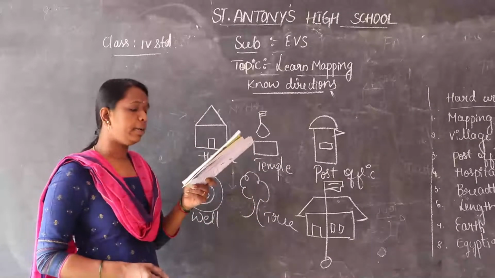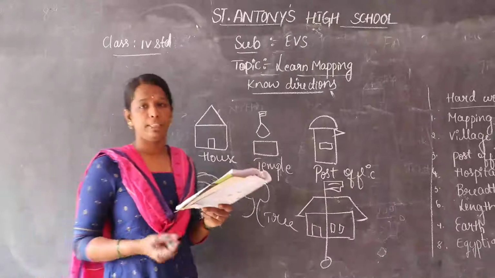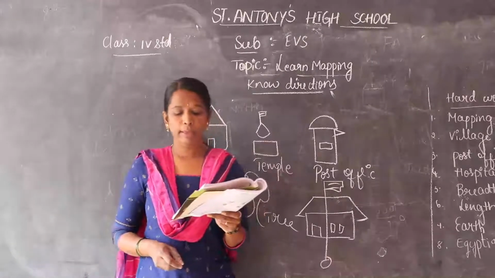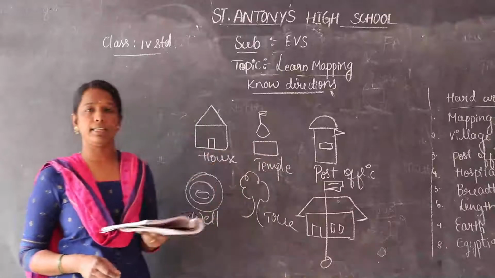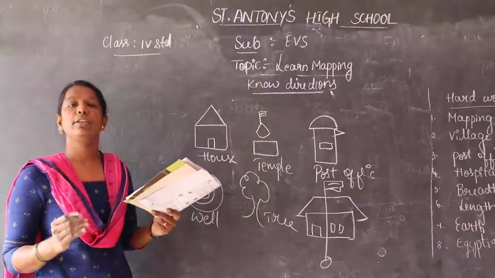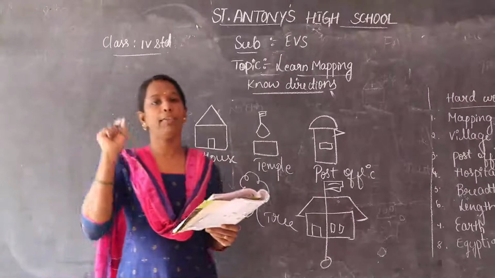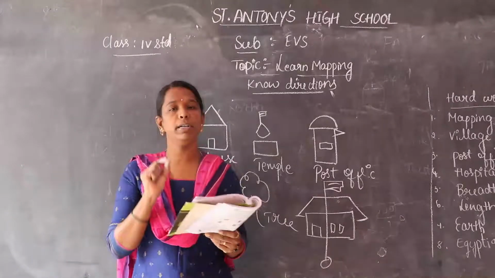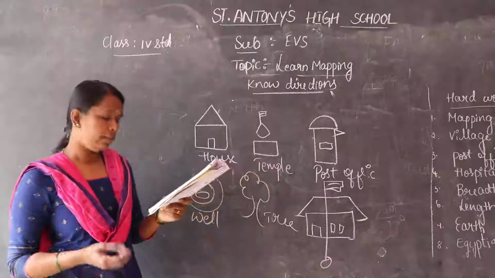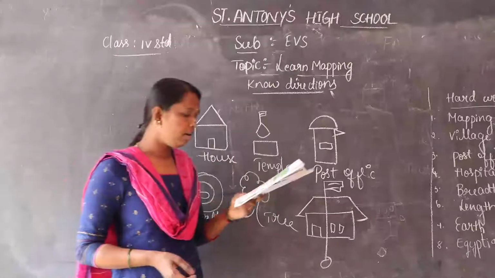There are different types of maps. For example, physical map, soil map, weather map, train route map, etc. So in the railway station we observe the train route, and in the bus stand we observe the bus route map also. Weather map is also there.